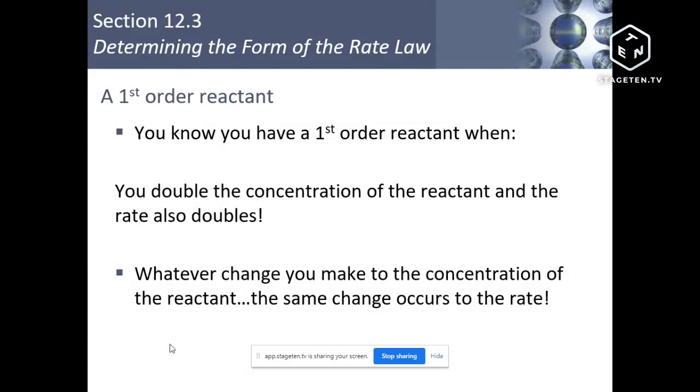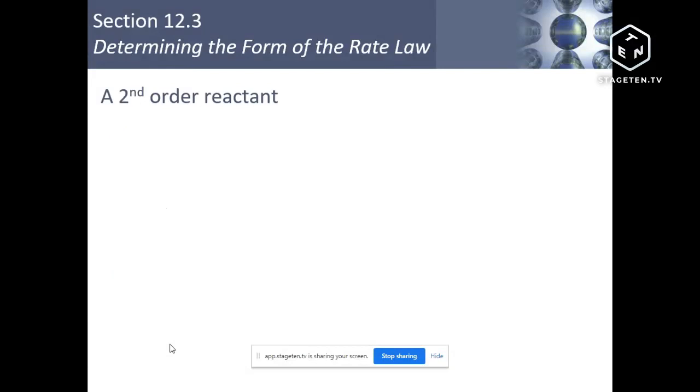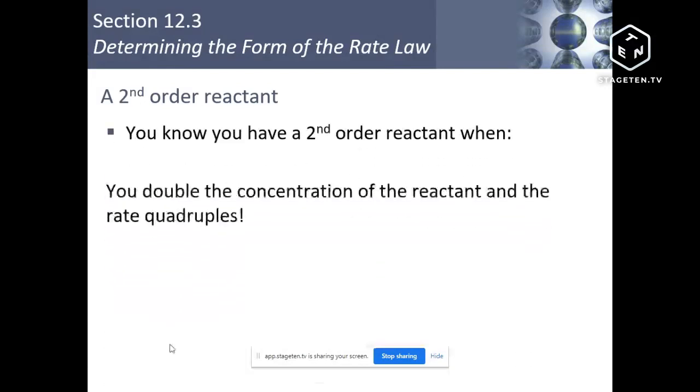That's what first order reactant means. And then second order, if you understand, the order becomes the exponent. So if I double the concentration of a reactant, but the rate quadruples, which is doubled squared, right? Then it's second order.